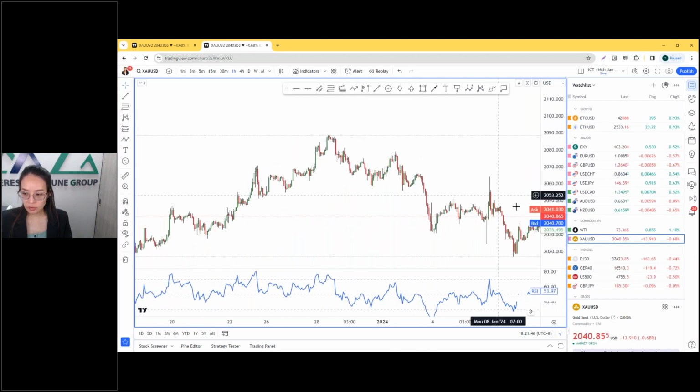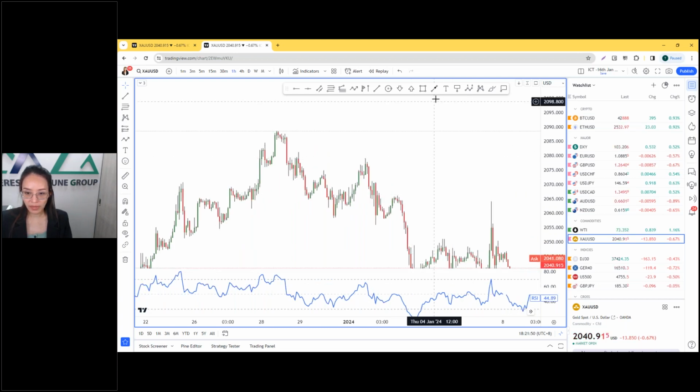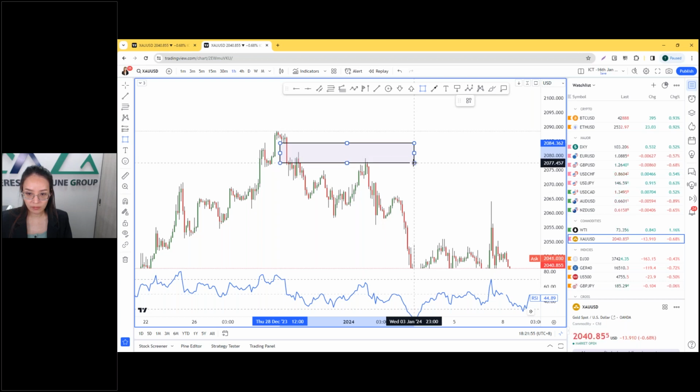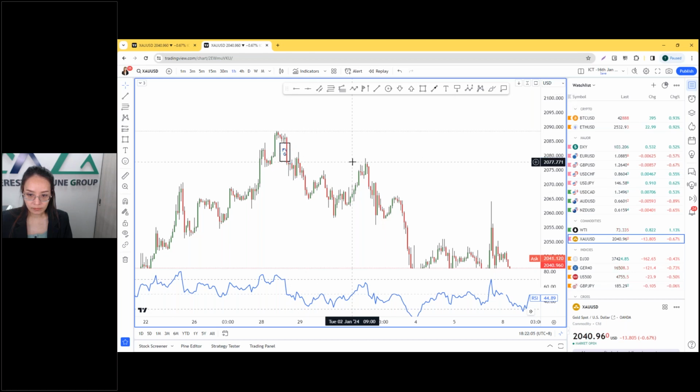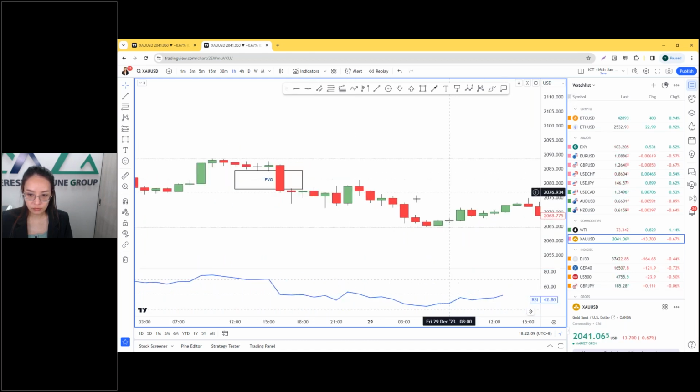If you were to map out a fair value gap, this is a fair value gap. Even if you want to go until here, let's just say you map this one, three candles, right? I zoom.